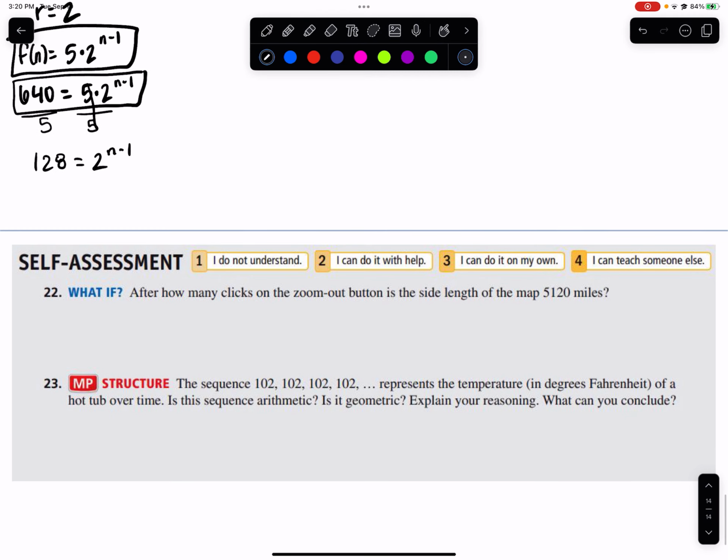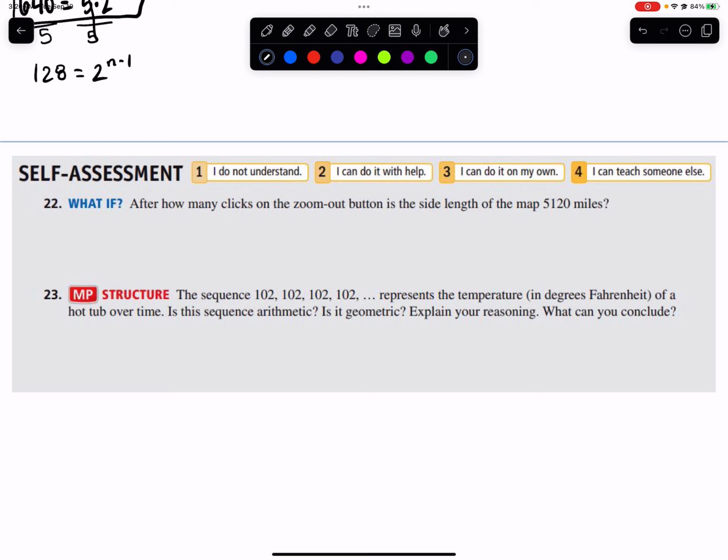All right, so self-assessment, we are not going to worry about number 22. Actually, we are going to worry about number 22. I want you to set up your equation, but do not solve for n. And then answer number 23. So take 4 minutes, pause. All right, 22.